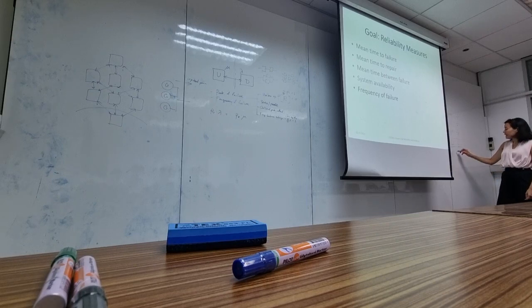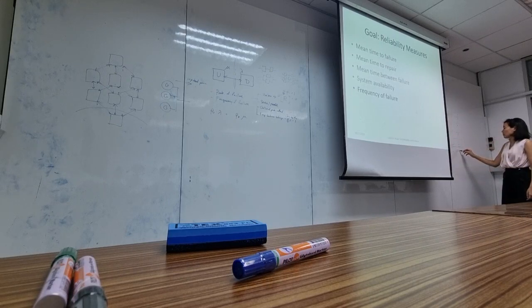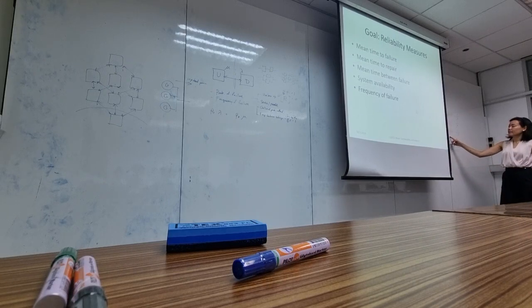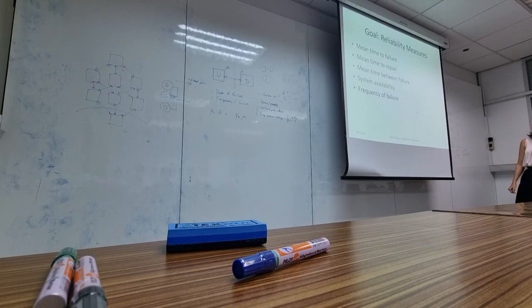So the probability is given as mean time, right? It's just a summation of the time that you are in the success divided by mean time between failure, or actually mean time to failure divided by mean time to failure plus mean time to repair. Okay. So all these are all related.